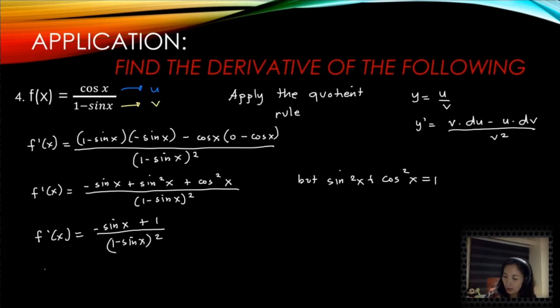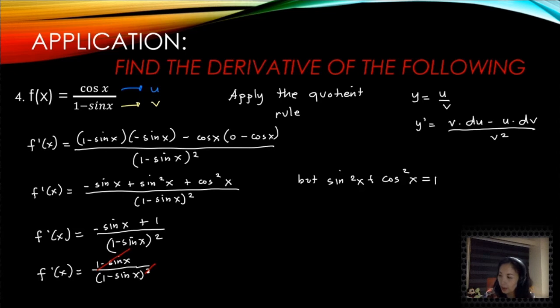We can further simplify this because if you write the numerator as 1 minus sine x, all over 1 minus sine x squared, we could cancel out, yes? This will cancel out and this becomes 1.